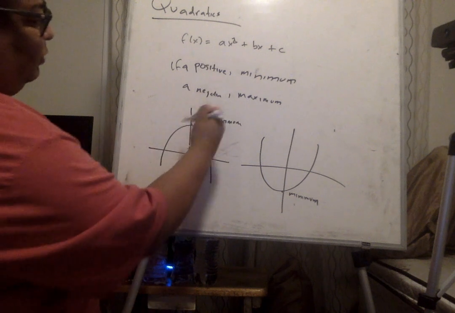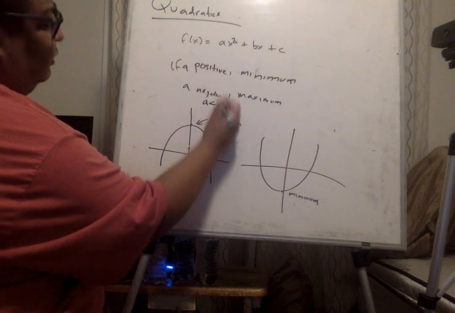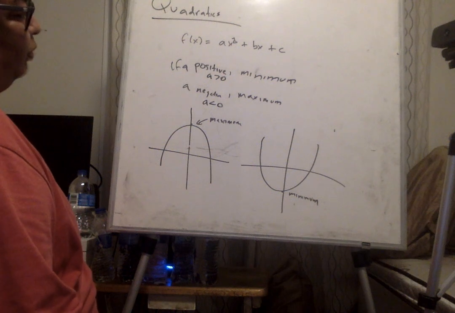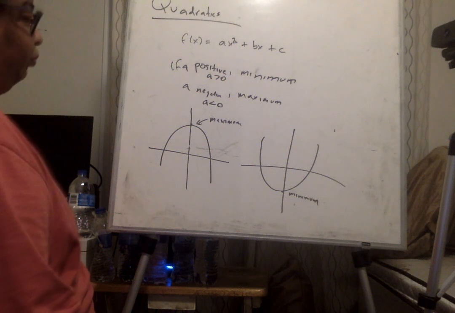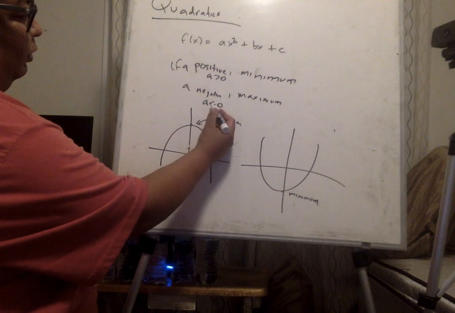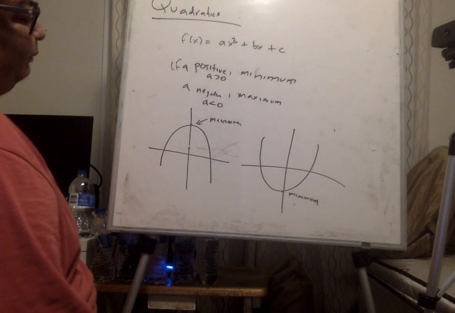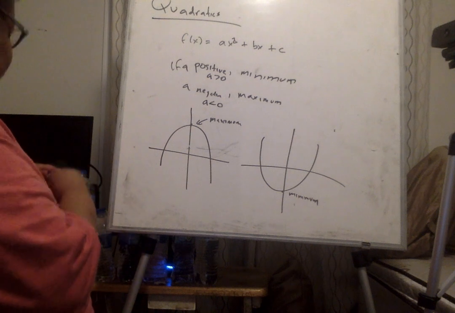So you can say this one, a is less than 0, and this one, a is greater than 0.